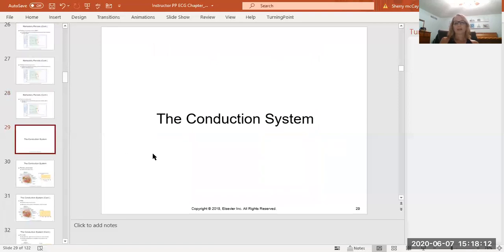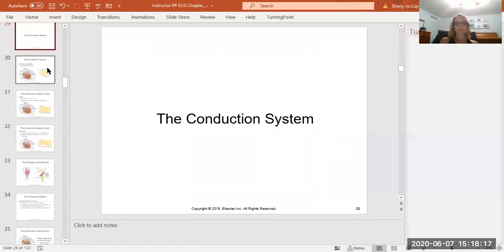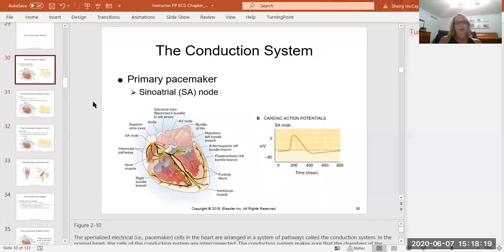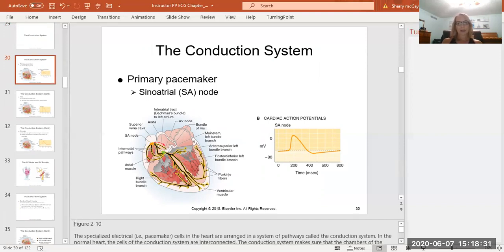All right, let's talk about the conduction system. We'll break it down pretty quick for you. The primary pacemaker, the SA node, is the specialized electrical pacemaker. Cells in the heart are arranged in a system of pathways called the conduction system.